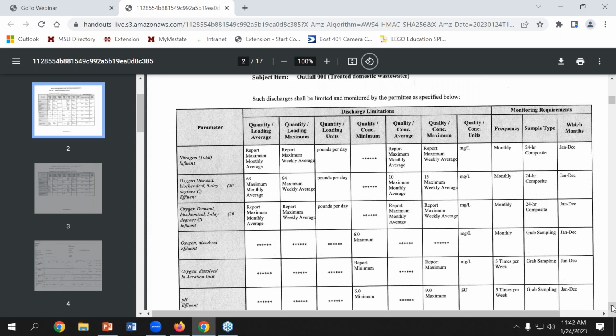So if there are errors in the DMR, then we need to get that corrected. But the permit is what we're going to use for compliance. So we want to make sure that those parameters listed on the permit exactly match what's on the DMR.